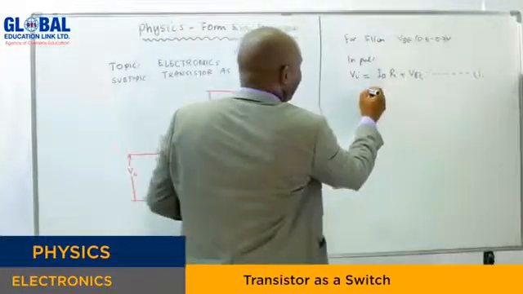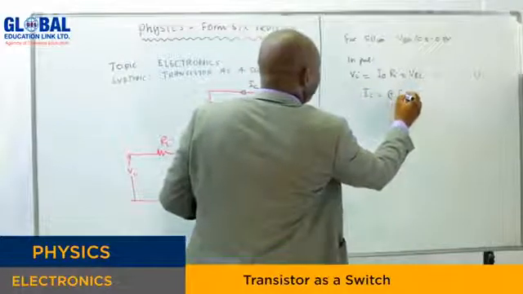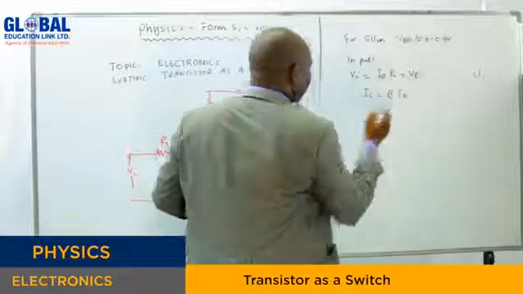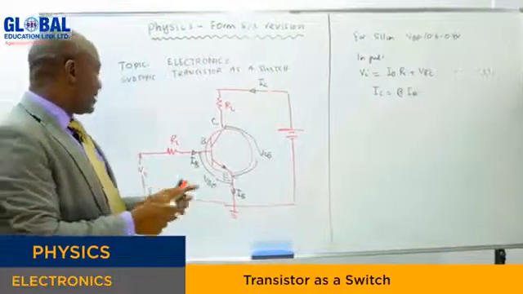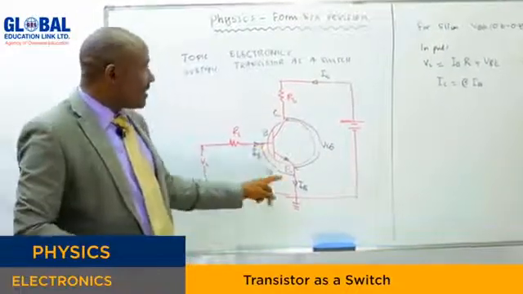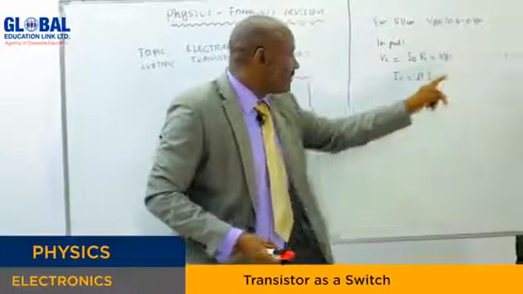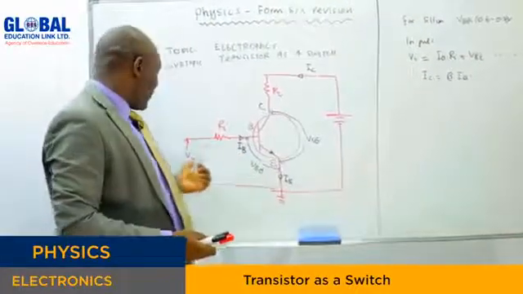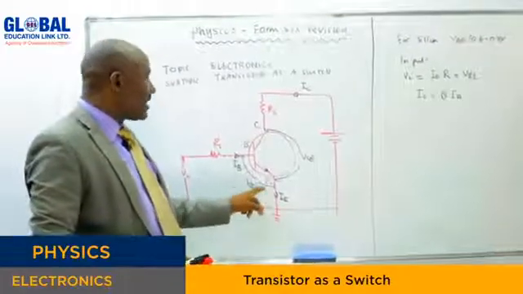And remember that the collector current is given by this times beta. In order for the base current to flow, you must overcome VBE, which is sometimes 0.7. So the applied voltage should be greater than that voltage, otherwise we don't have the current.